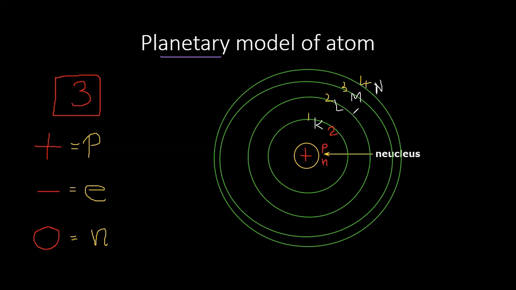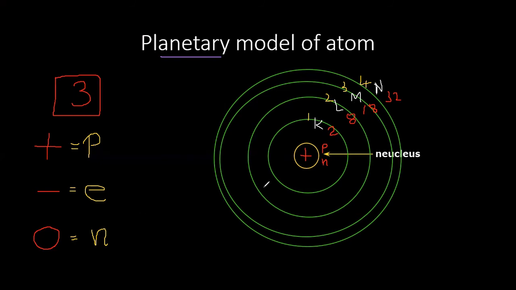In L, a maximum of 8 electrons can be held. In M, 18, and N, 32. This is very important. In MCQs, they can ask how many maximum electrons the K energy level can hold, or the M energy level can hold. It is 18.